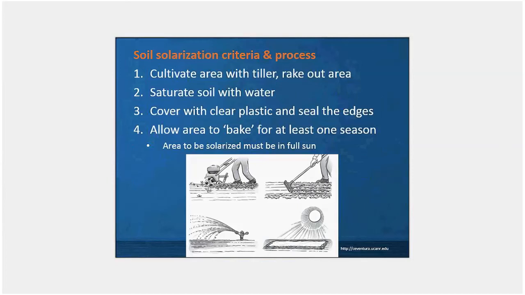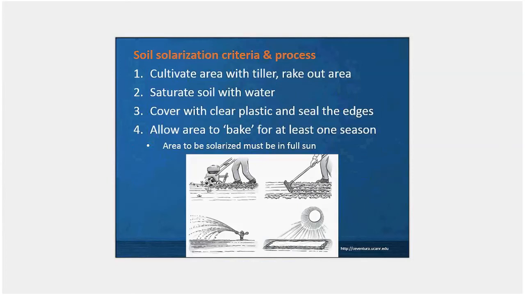So rake out the area, grade it how you want it, and then avoid tillage, or really deep tillage, after that. The second step after you've raked it out is to saturate the soil with water. Water has a big thermal mass, and it takes a while to heat up, but once it gets hot it will retain that heat, and you'll be able to bake that soil for a longer period of time.